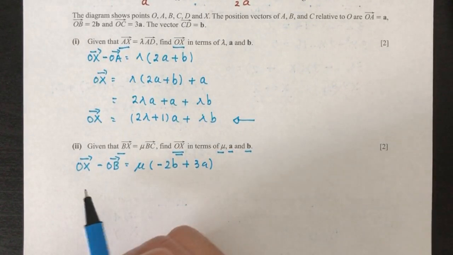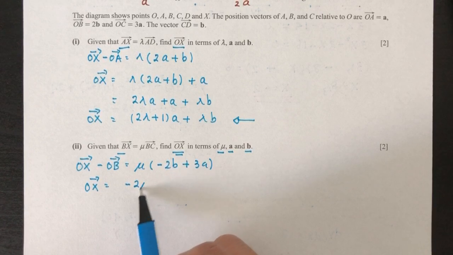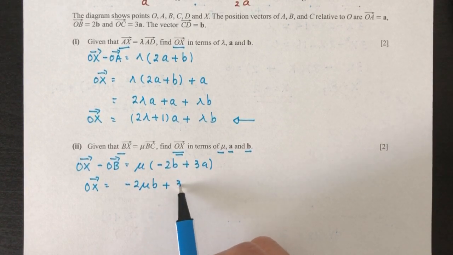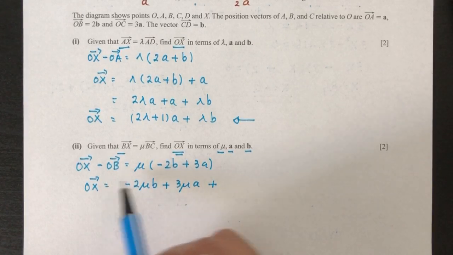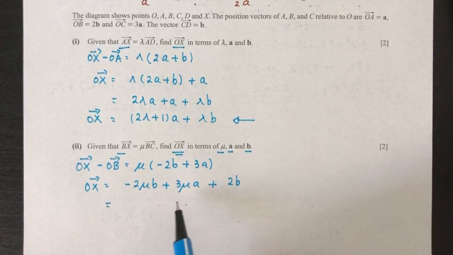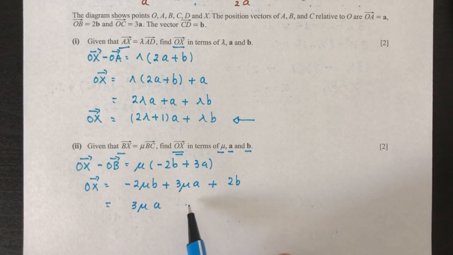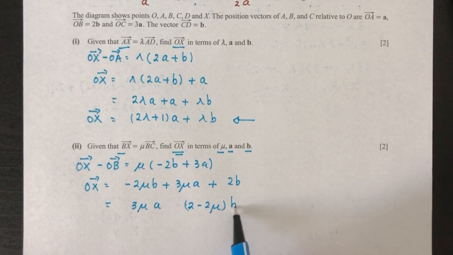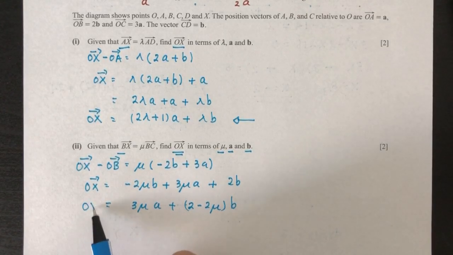So from this you will have OX is equal to minus 2 mu B plus 3 mu A plus OB. OB is given to you by 2B. So if you simplify, that becomes 3 mu A plus 2 minus 2 mu B. That will be OX for this one.